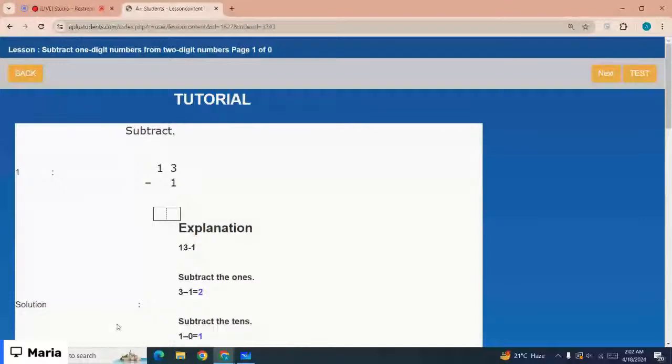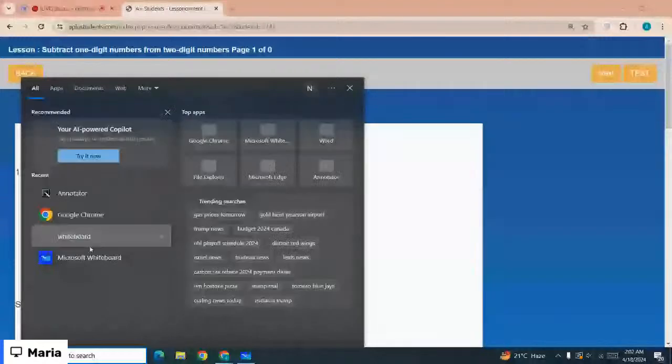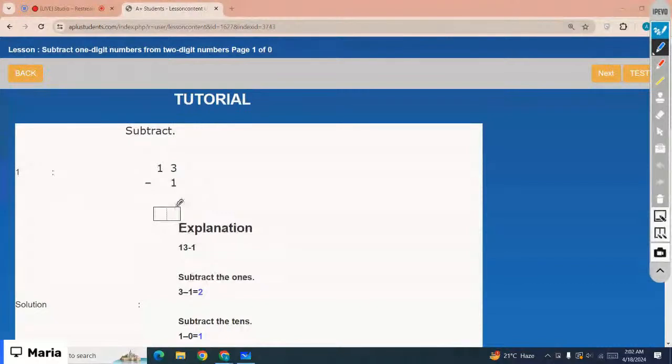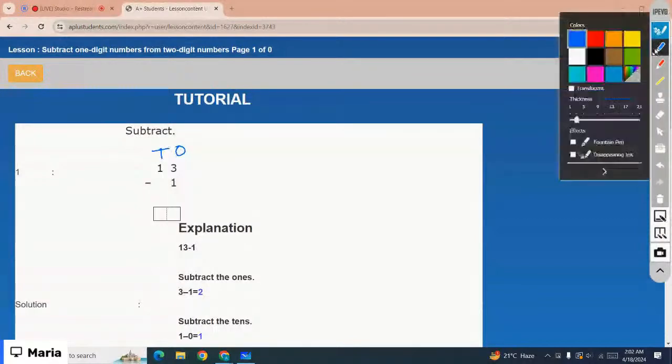The first example is subtract 13, take away 1. Whenever you have to subtract a one digit number out of two digit, the rightmost digit is always at the ones position and the next one is at the tens, right? So first we have to subtract the ones digit.